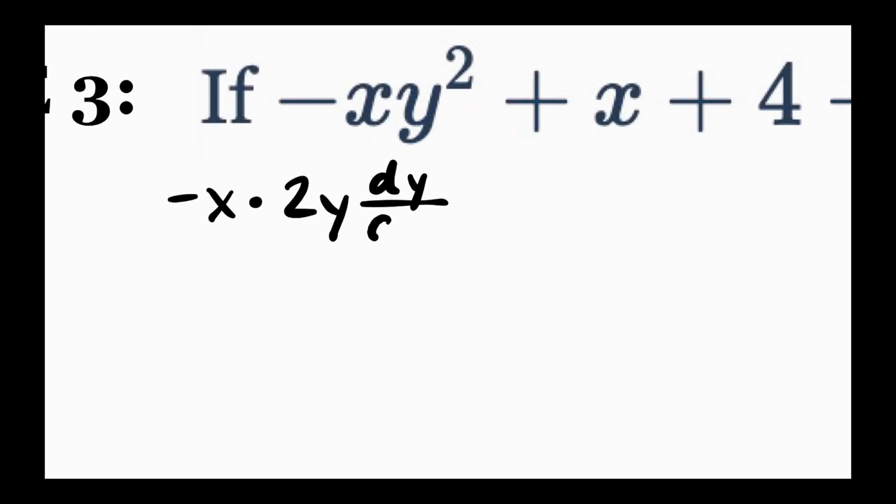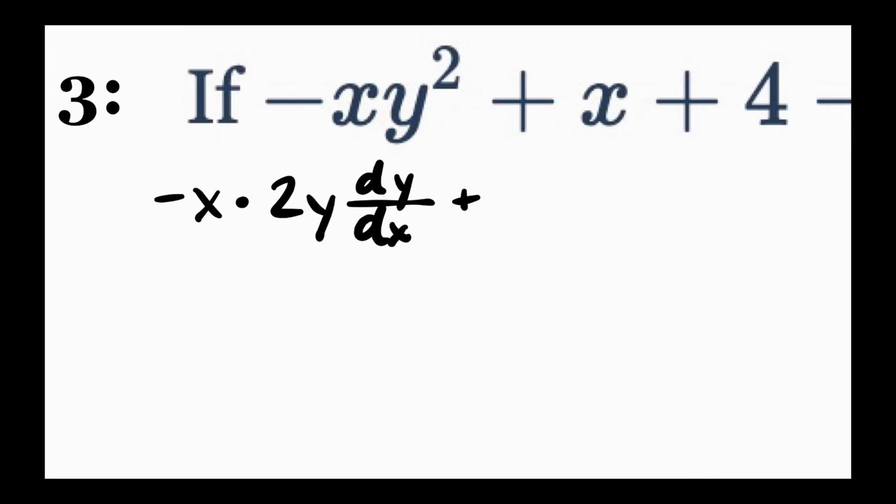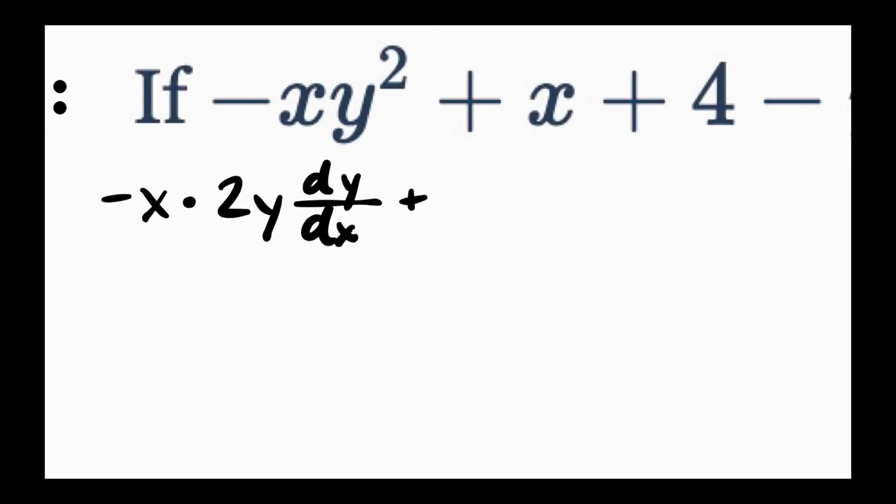Needs a tag though. Okay. Plus the derivative of the first one, which will be negative 1, times the second one, y squared. Or negative y squared. It's just negative y squared. Okay, that one doesn't need a tag because I didn't find the derivative of y squared that time.